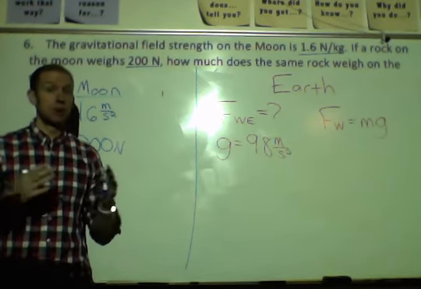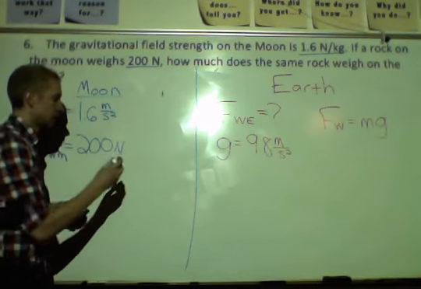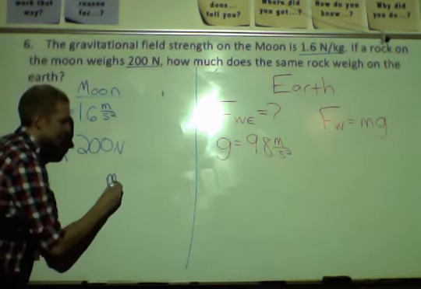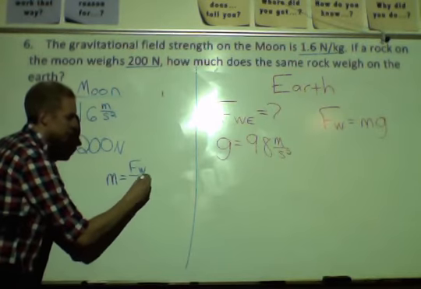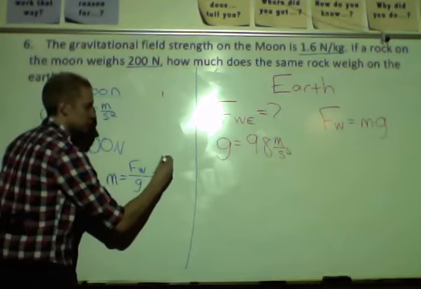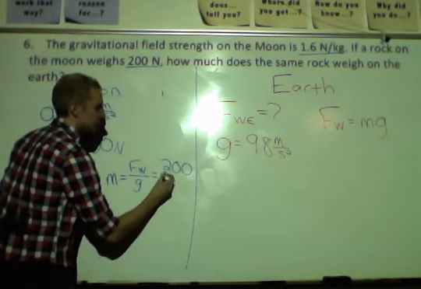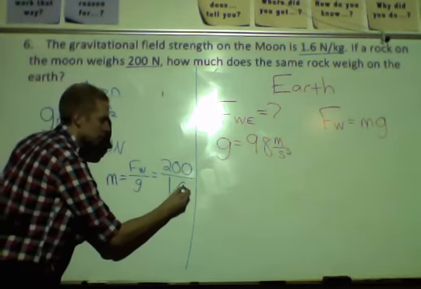So just like on problem 3 and problem 4, we have an equation for that. Mass is equal to weight divided by that acceleration of gravity. Well, our weight is 200 divided by acceleration of gravity, 1.6.